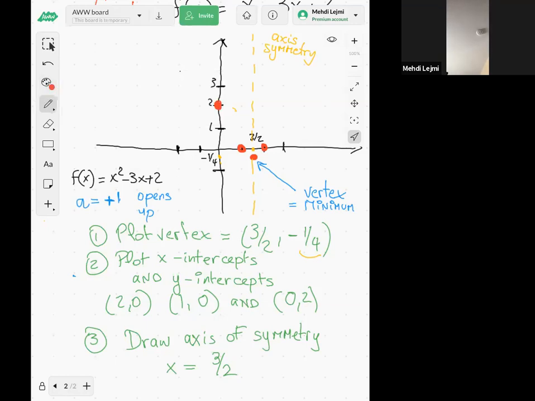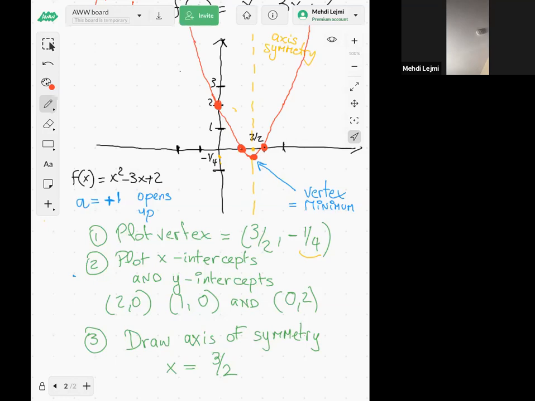Now I'm going to just connect my points, my x-intercepts and the y-intercept. Remember, the yellow line is supposed to be the axis of symmetry, so it's supposed to be symmetric about the yellow line. So it would go like this here, right?